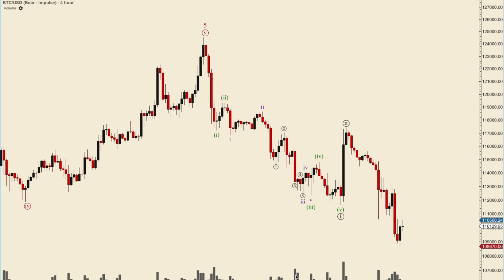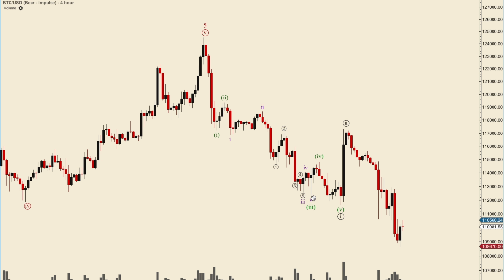And also the volume, it doesn't really follow the pattern for volume in a classic impulse. Impulses can be a bit tricky sometimes to see, but usually there's a lot of volume in wave 3, and we don't really have a clear, distinguished wave 3 here, which is an issue.